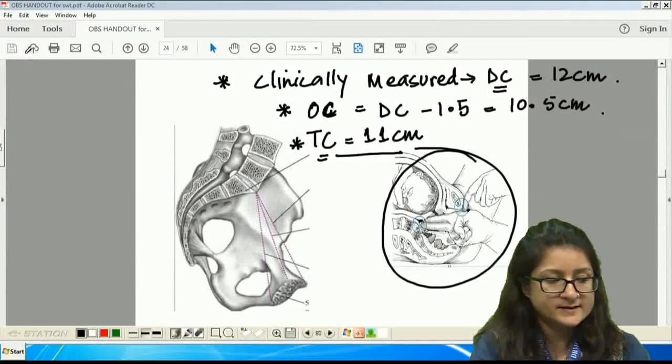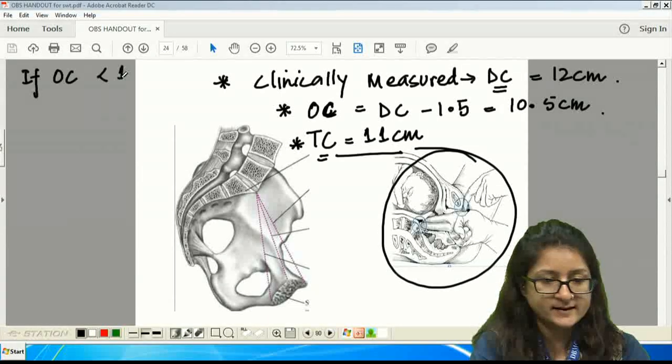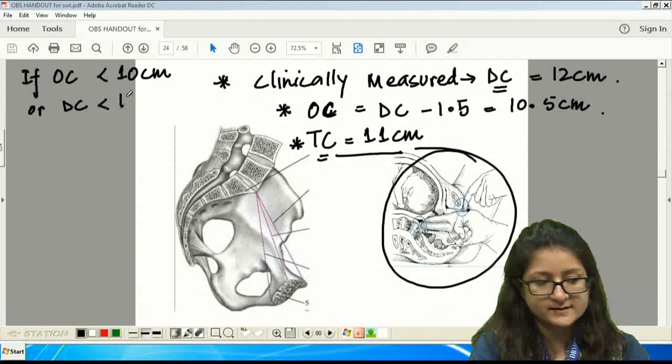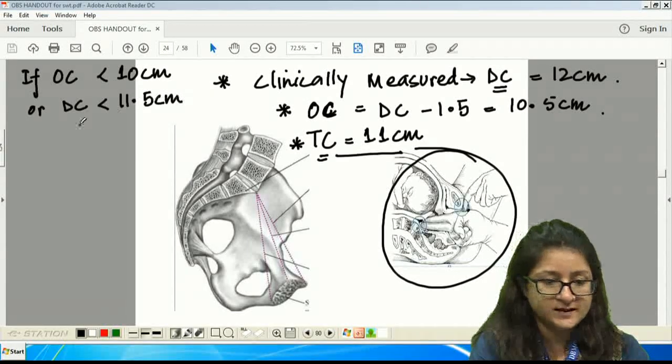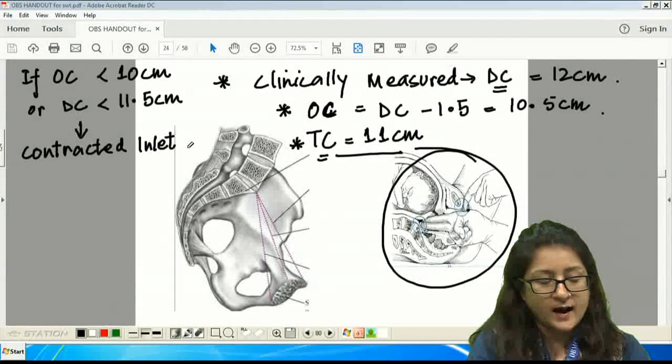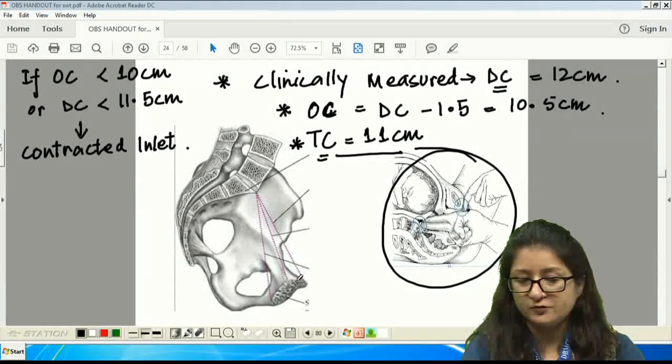In fact, it is said that if the obstetric conjugate is less than 10 centimeters or the diagonal conjugate is less than 11.5 centimeters, it means that it is a contracted inlet. Another important point is the angle of inclination.